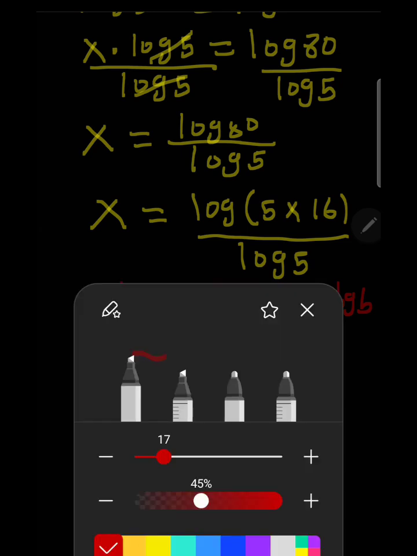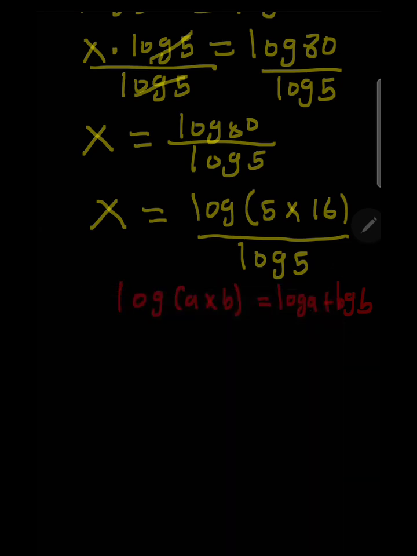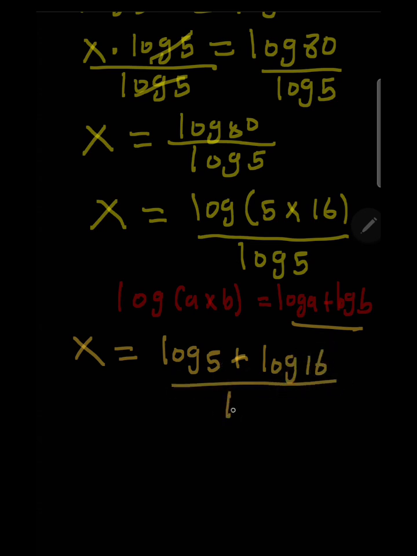So when we apply that property, we are going to have x equal to log of 5 multiplied by 16, which in this form is going to be log of 5 plus log of 16, everything all over log of 5.